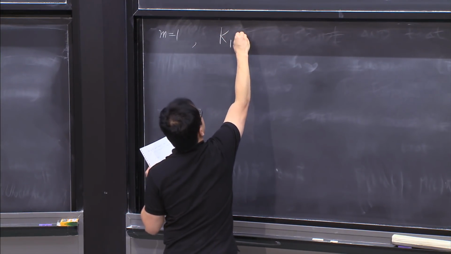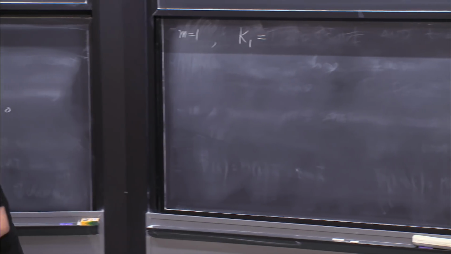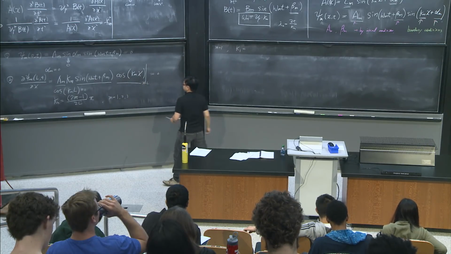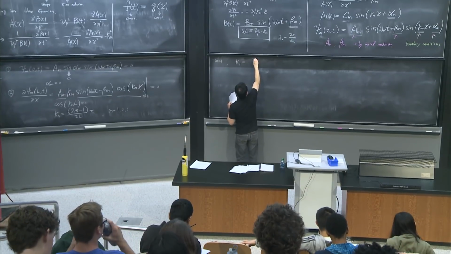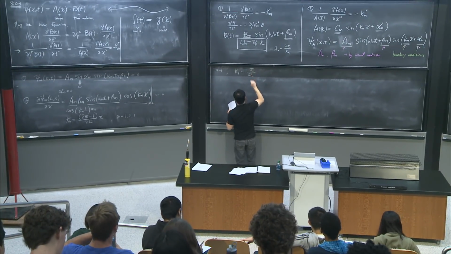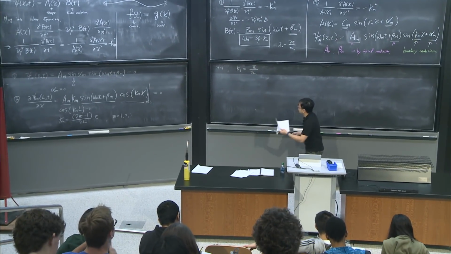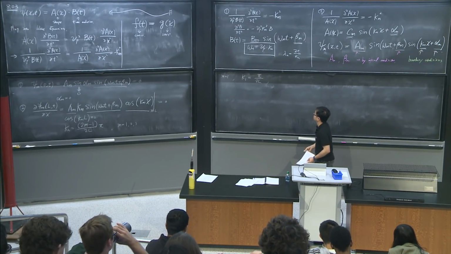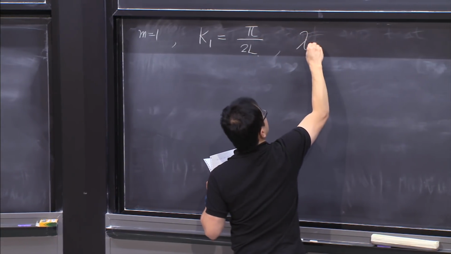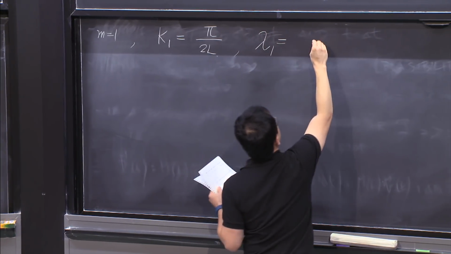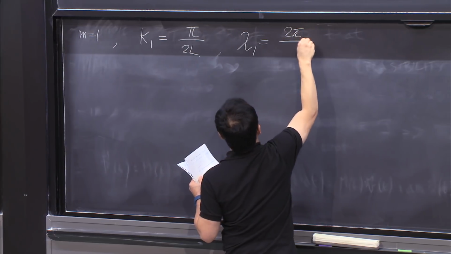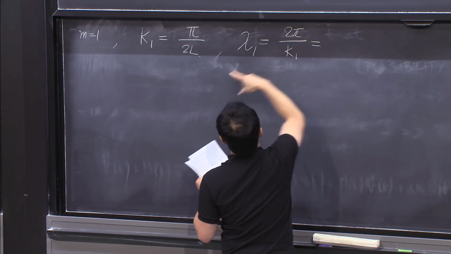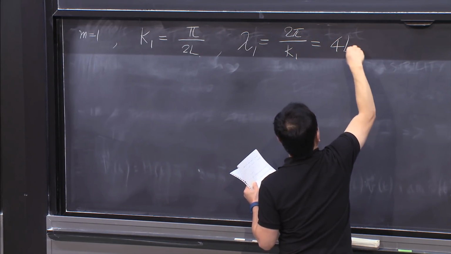So k1, according to the formula, 2 minus 1 gives you 1. Therefore, you get pi over 2L. Of course, you can also calculate based on the wave number the wavelength, right? The wavelength lambda 1 will be equal to 2 pi over k1, and that will give you 4L.